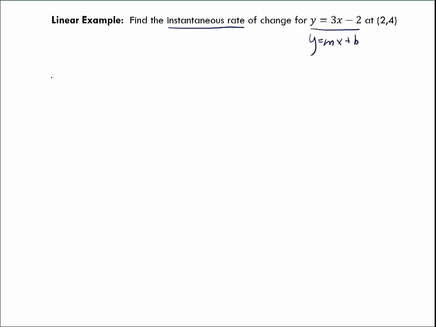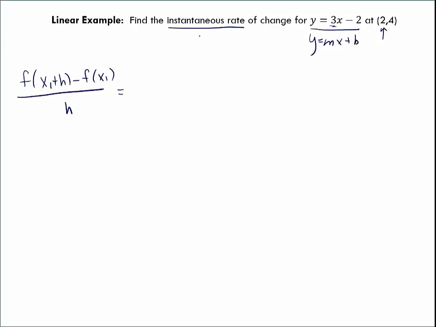If I'm telling you that this formula, f of x plus h minus f of x over h, is giving me the slope at exactly that point, well, in a linear equation the slope's constant, and the slope is always 3. If you believe me, then when I plug everything in, I better get 3 for my answer.